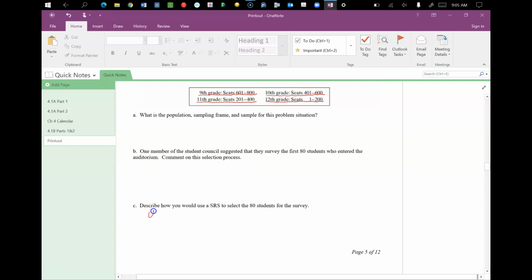So using 3-digit numbers, assign each student a number from 001 to 800.